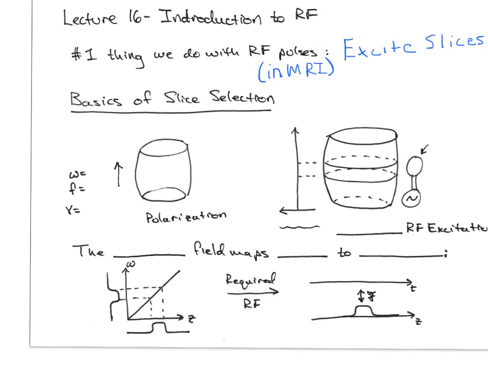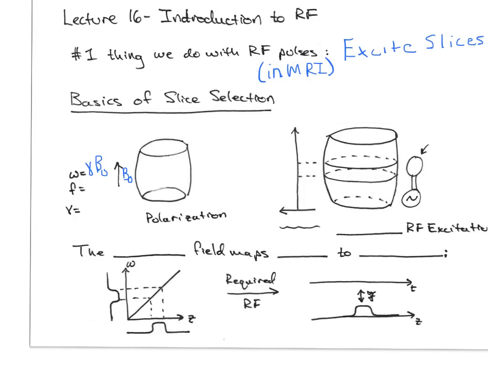So we put the body into the scanner, and it polarizes. That is, all the protons align with the main magnetic field. The main magnetic field we denote mathematically as having the strength B0, which is usually quoted in Tesla, and the frequency at which protons precess around that main magnetic field is equal to gamma times B0, where gamma is the gyromagnetic ratio.